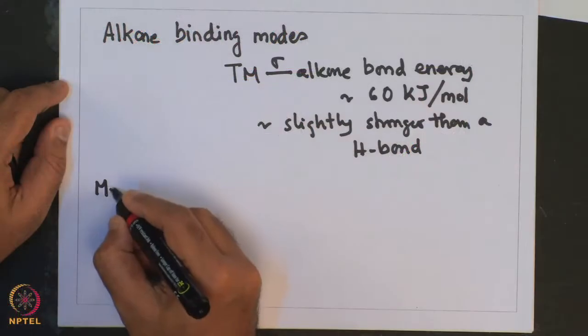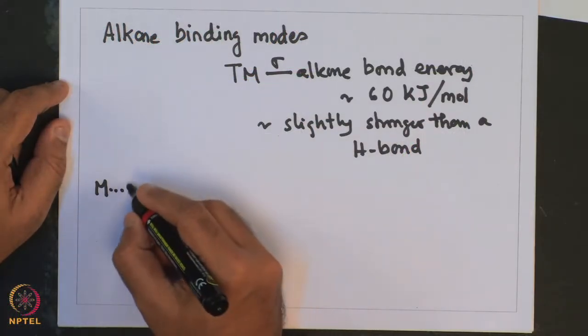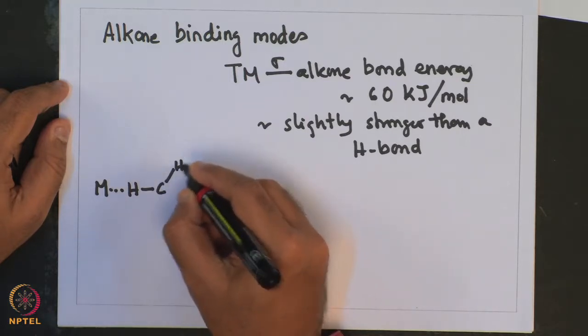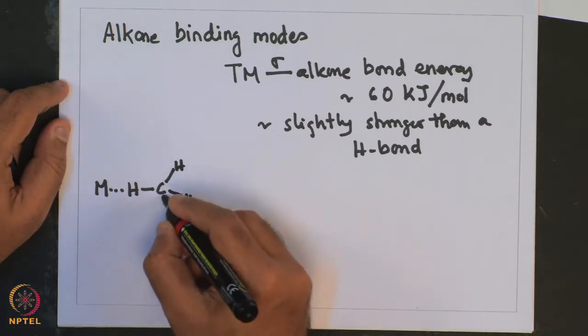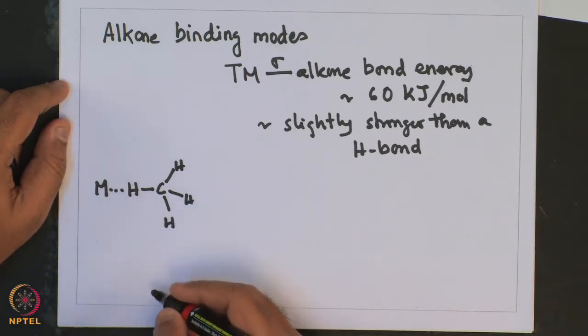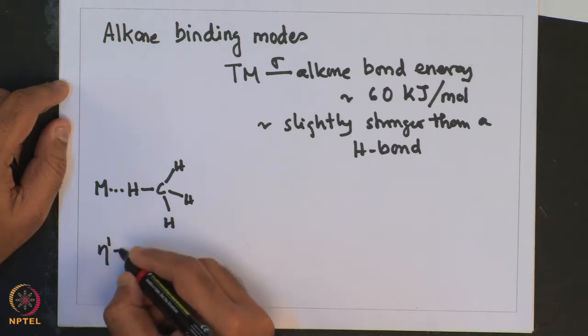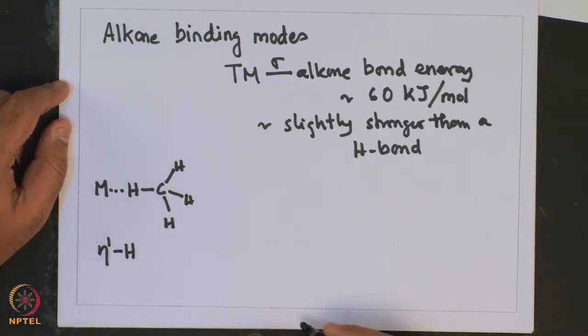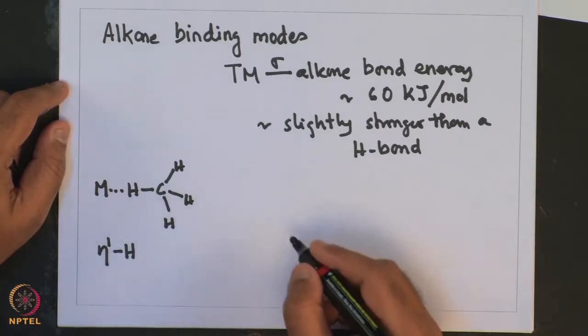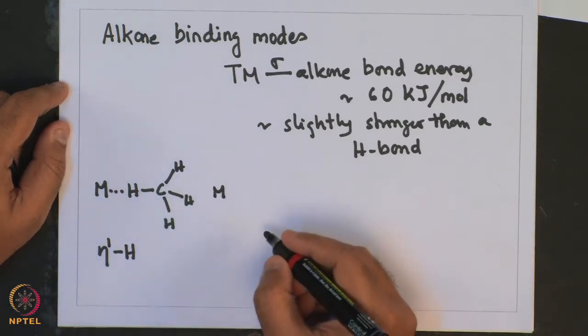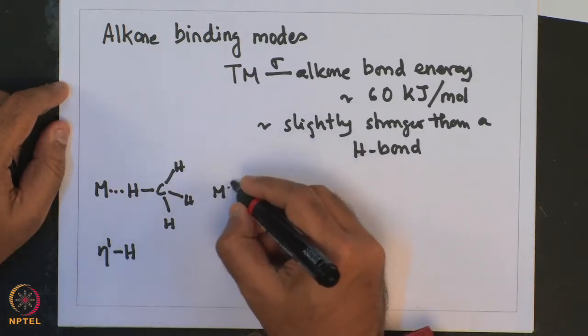For example, it can bind in a linear fashion, and this is described as eta 1 binding. It can bind by interaction with 2 different hydrogens of an alkane.